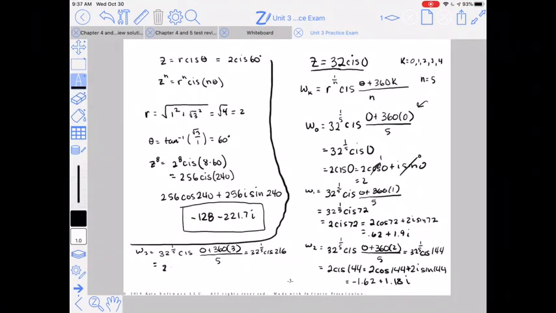So this turns out to be 2 CIS 216, which is 2 cosine 216 plus 2i sine 216.